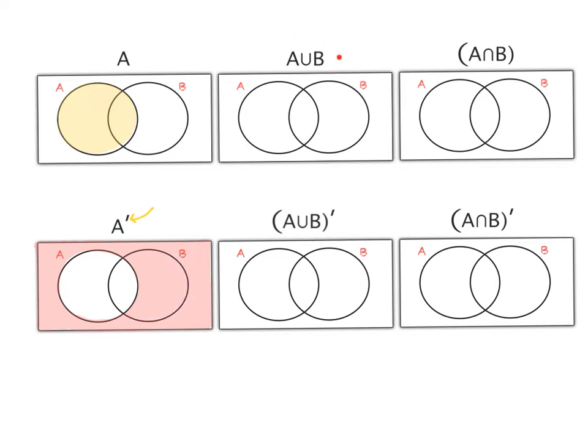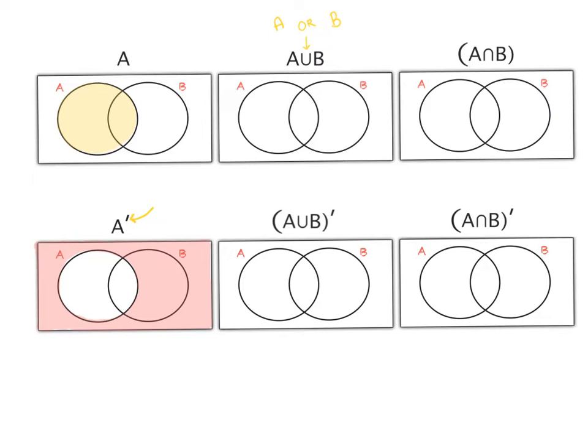Okay, so what does this mean? If I read it as a sentence, it's A union B, but instead of union, we're going to use the word or. So it means that it's in A or in B. The easiest way to do these is to think of them as two separate questions.